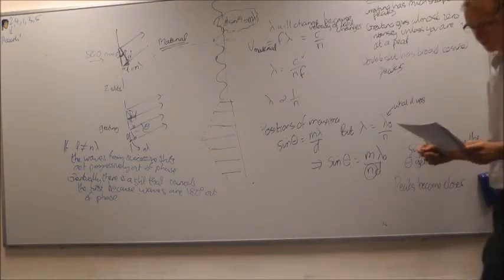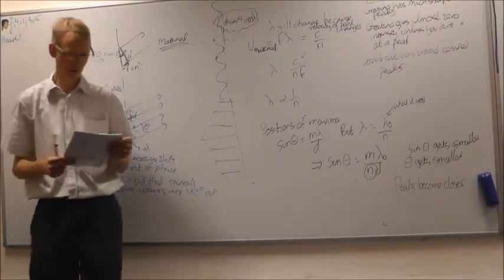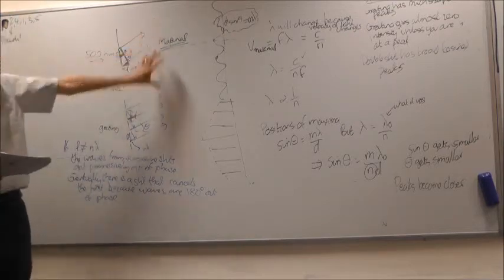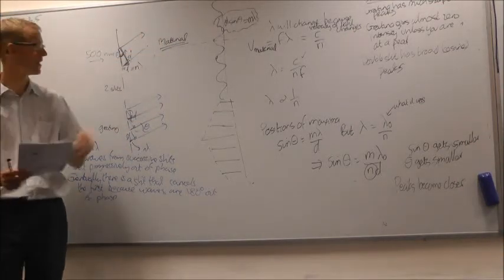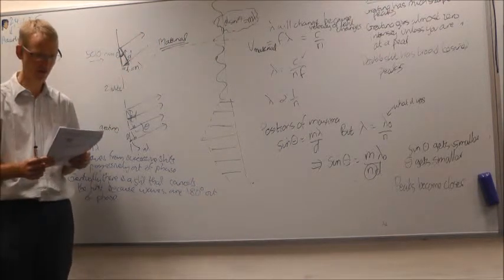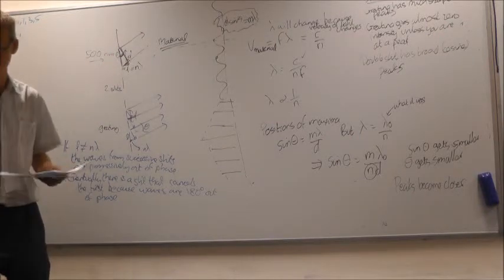Part C. The block of material is removed, so we're going back to normal air in there. And a very thin slice of the transparent material from the block is used to cover the top slit.